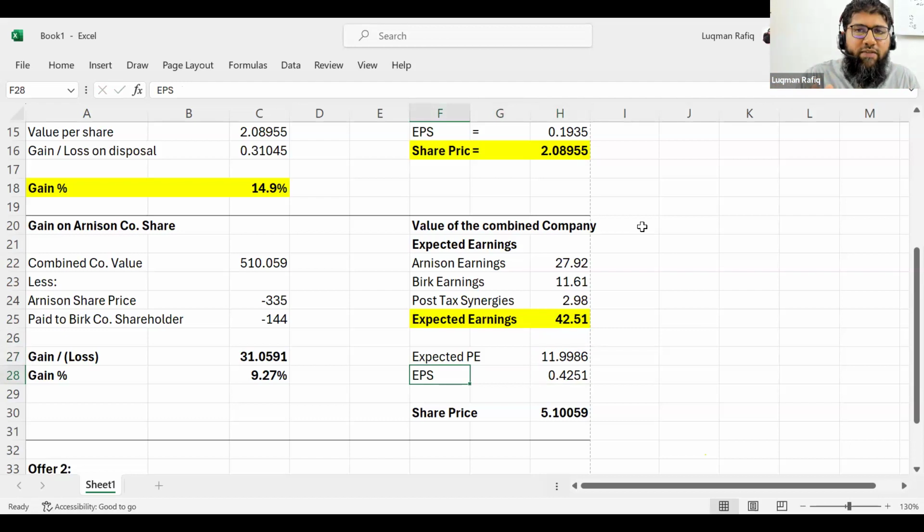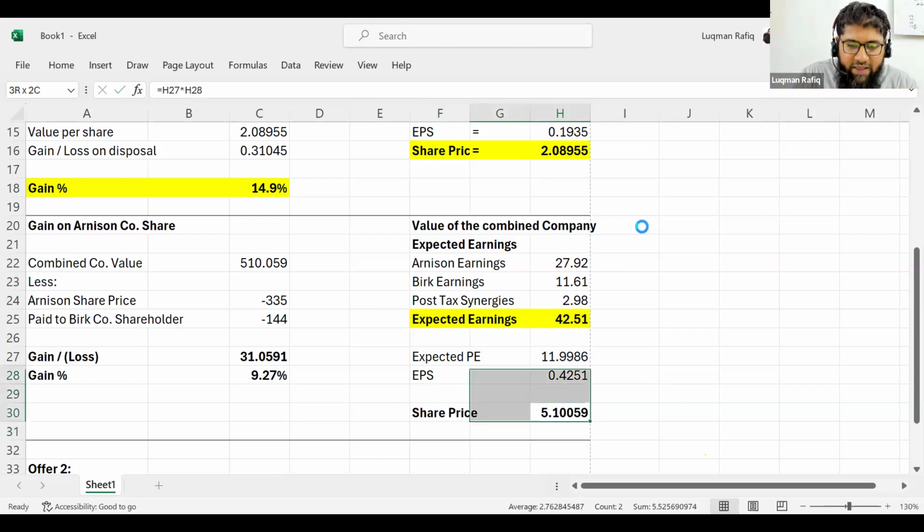So the number of shares are going to be the same as Arneson's existing number of shares, and that is going to be 100 million. So the earnings divided by 100 million gives you EPS. And then we calculate share price using the same formula, which is PE ratio multiplied by EPS.